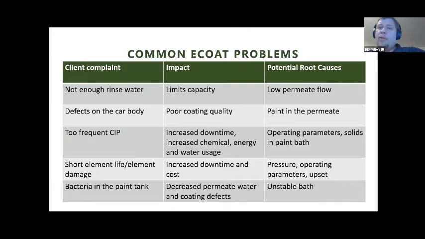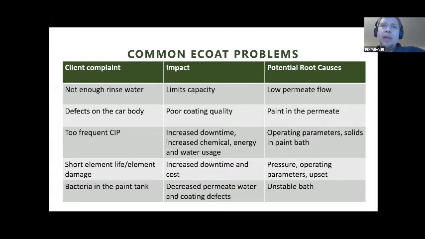There's quite a wide range of pore sizes used in the ecoat market. So if there is too much paint in the permeate, we can look at alternative products to improve the quality of the permeate and improve the coating quality on the body.